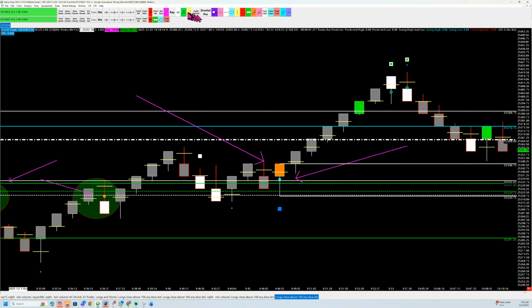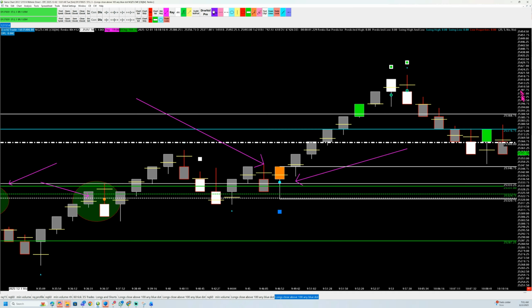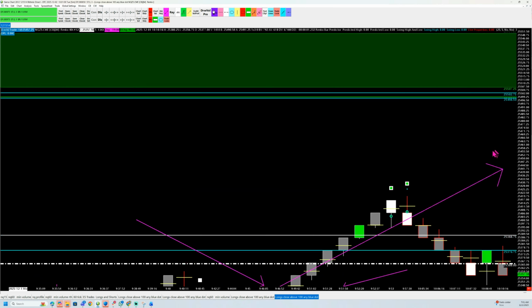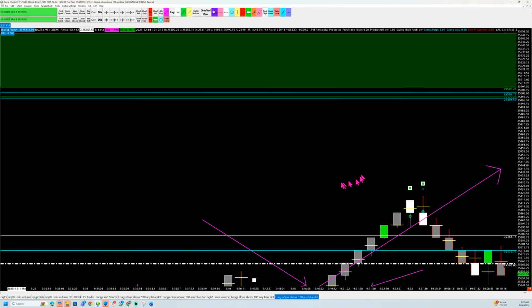And what is my goal here? My goal, and I stated this yesterday, if you go look in the room, is to go up here. I can't quite get this over here. And my target was to test Friday's high. That was all the way up here.